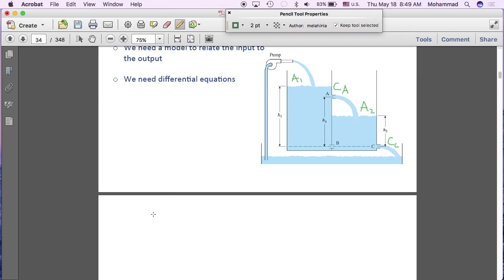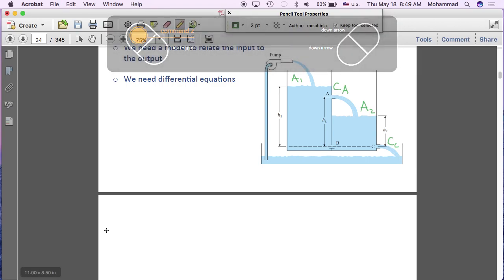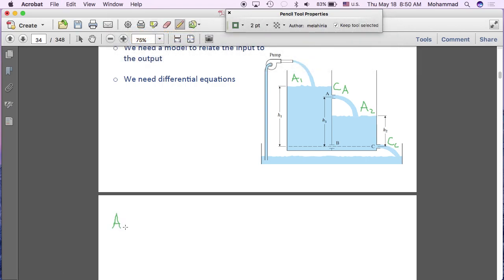So what can you write for the first tank? Should we start by writing A1 H1 dot? That is the change of volume. So that is equal to what? Volumetric flow coming in minus volumetric flow going out.